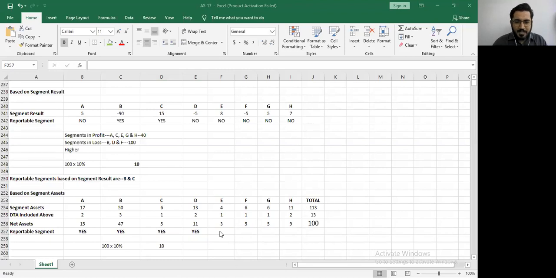What about segment E? Are separate disclosures needed for segment E? Again, does not satisfy the 10% criteria. No disclosures required. Come to the next one. Are separate disclosures required for segment F? Not required.